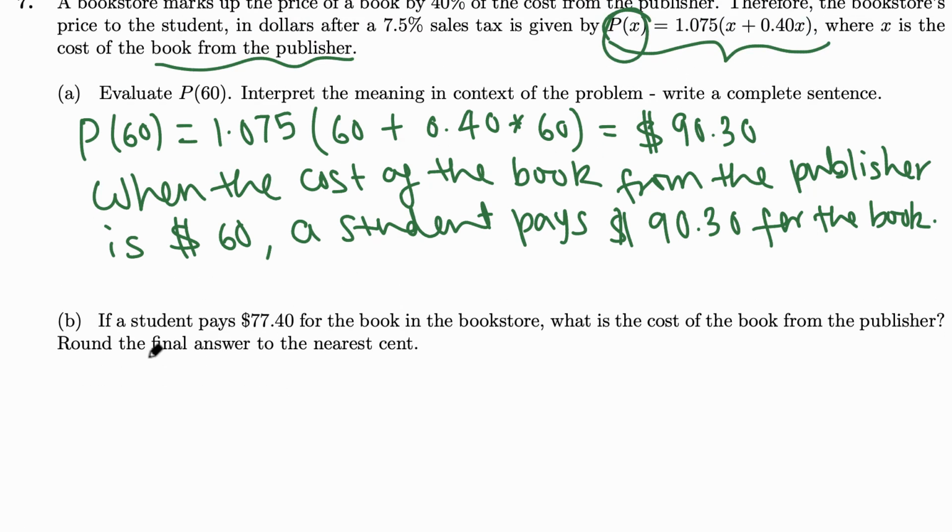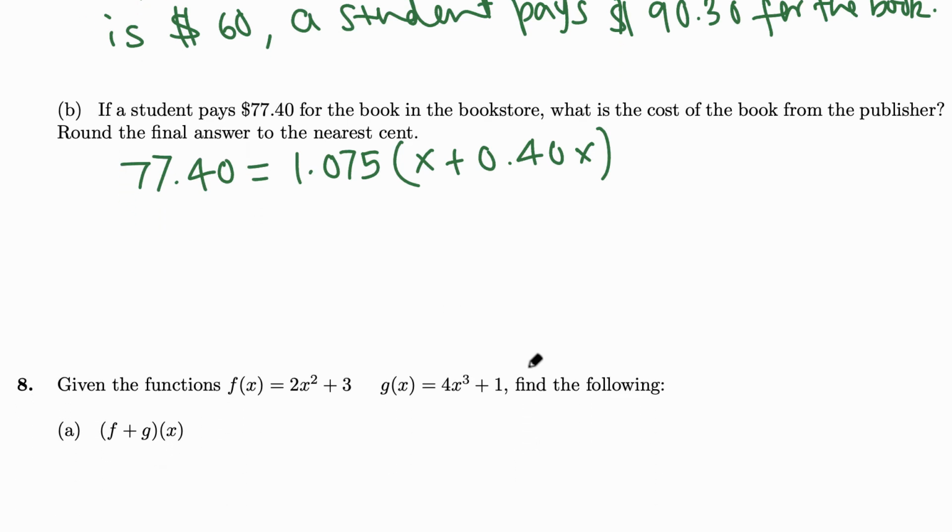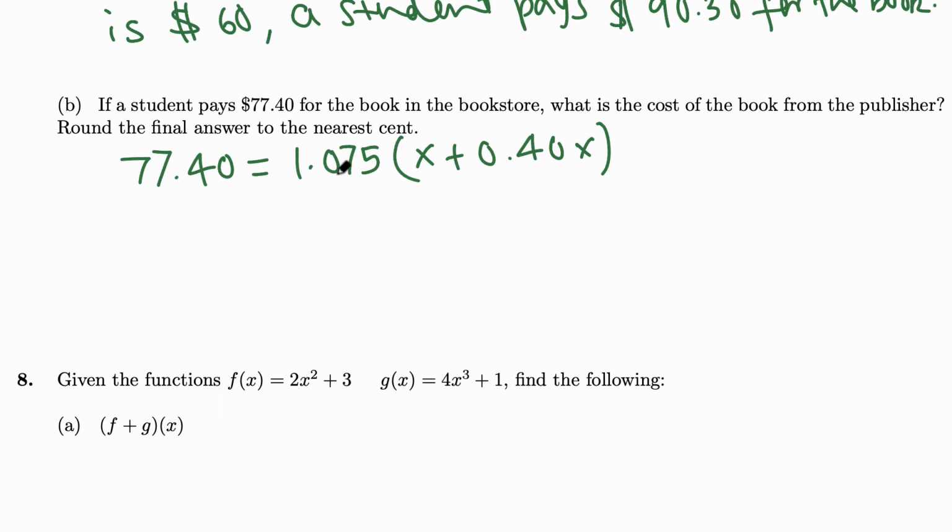So this is 77.40 equals 1.075 times (x plus 0.40x). Now we need to solve this equation for x. So 1.075 is multiplying, so we can divide both sides.